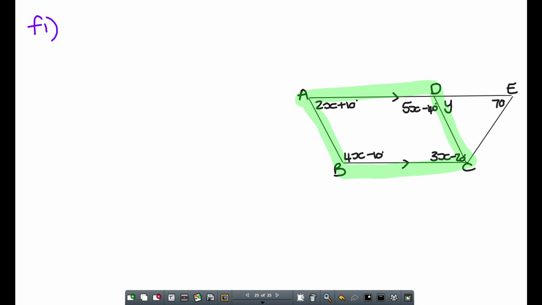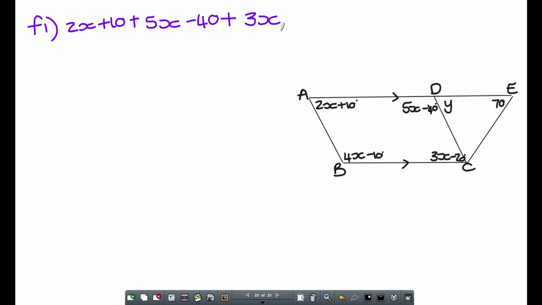What do we know about the interior angles of a quadrilateral? They add up to 360. So that's where we're going to start. We're going to say 2x plus 10 plus 5x minus 40 plus 3x minus 20 plus 4x minus 10 must be equal to 360 degrees.